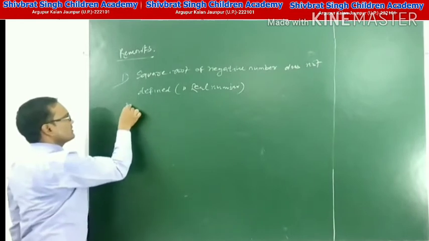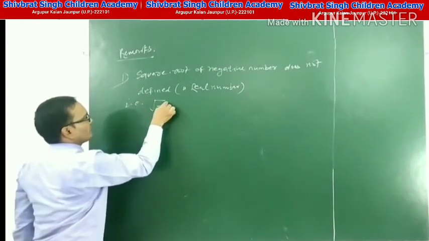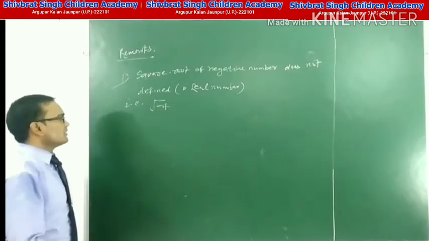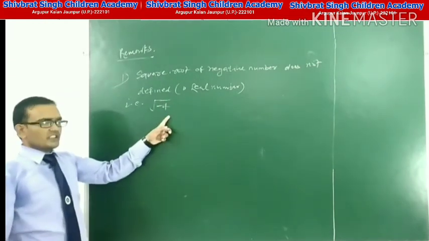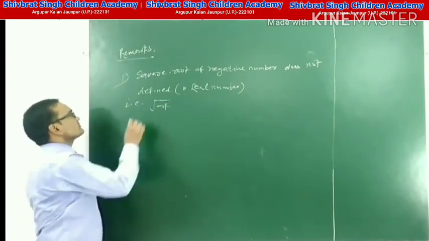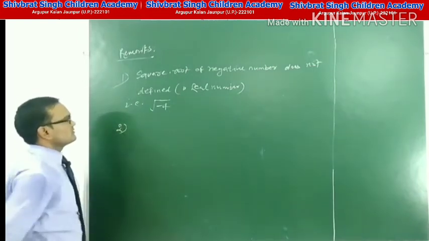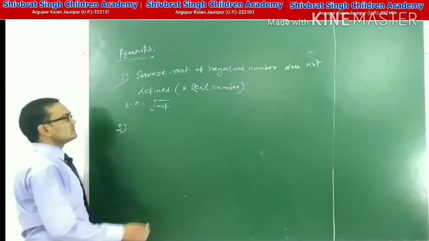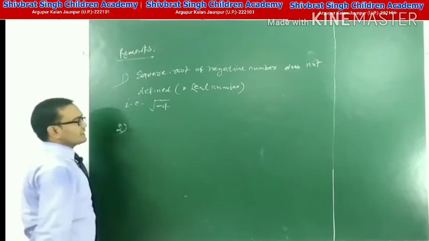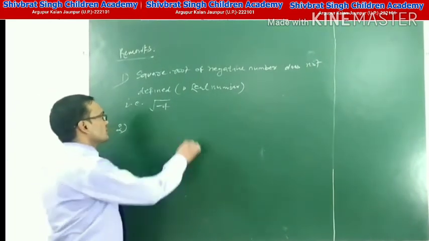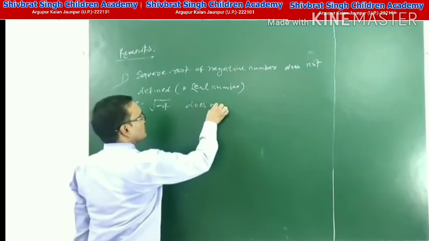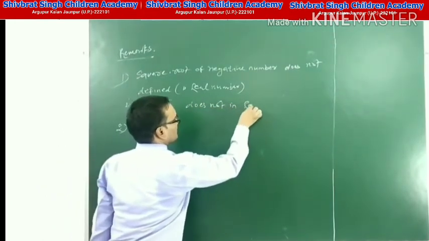That means square root of -4 is not defined in the real numbers. And second point.